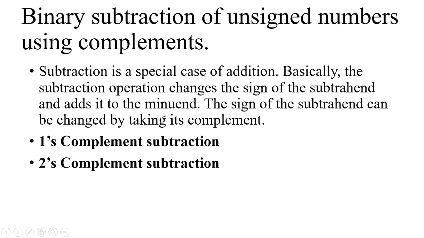In the binary number system we have ones complement and twos complement, so we can perform binary subtraction using ones complement and using twos complement. The twos complement method is more efficient.